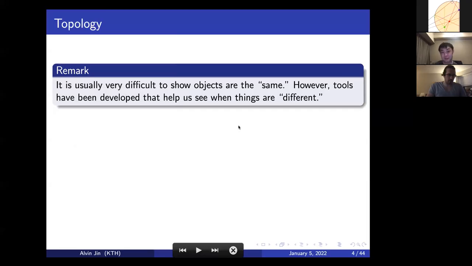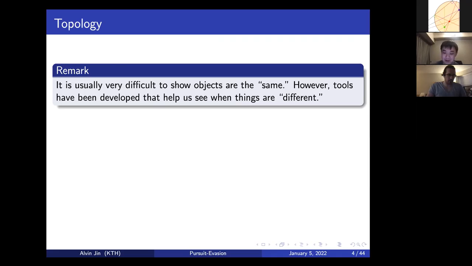So in general, it's very, very difficult to show that objects are the same. For example, there are some questions that people have been asking that are pretty much reduced to how or when two objects are the same. And these questions are things that get people Fields medals, which are like the Nobel Prizes of mathematics.